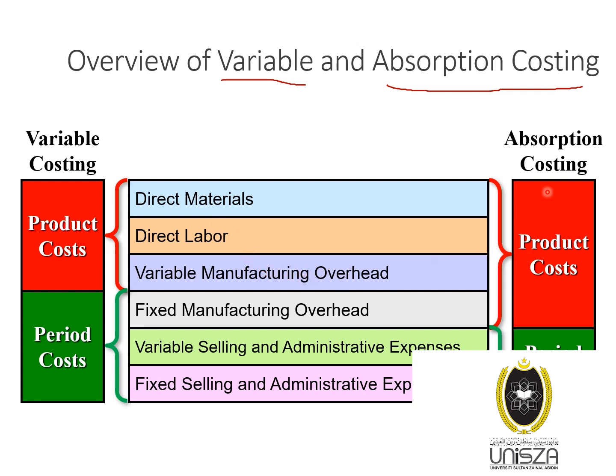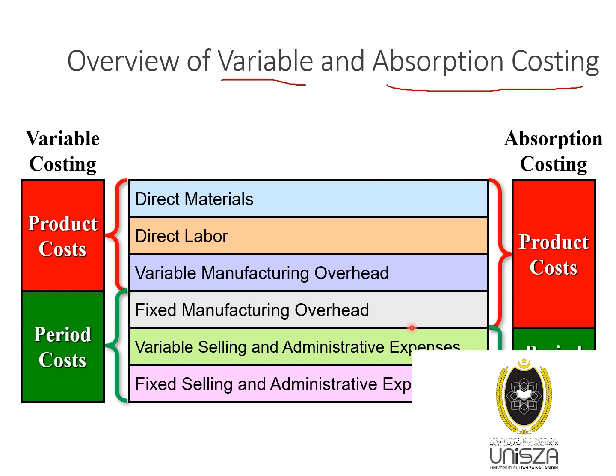But under absorption costing, it also includes the fixed manufacturing overhead as a product cost. And then we look at the period cost under the variable costing. It will include three items: fixed manufacturing overhead, the variable selling and administrative expense, and the fixed selling and administrative expenses.